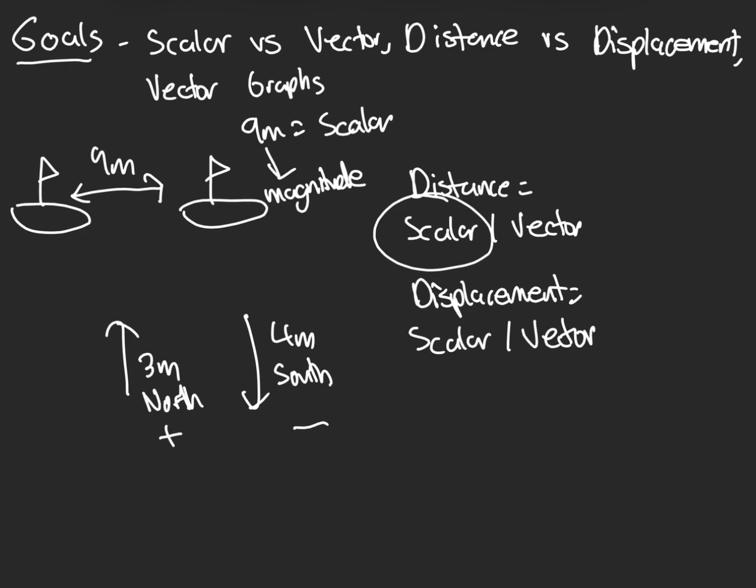I just like setting north as positive because on a graph, this side would be positive and this side would be negative, so it's easier to remember. Well, the displacement would be 3 meters, right? And then you would subtract 4 meters. Therefore, it would be negative 1 meter. And the negative sign represents that it's going south, so it will be 1 meter south.